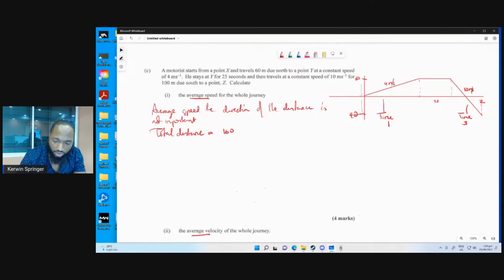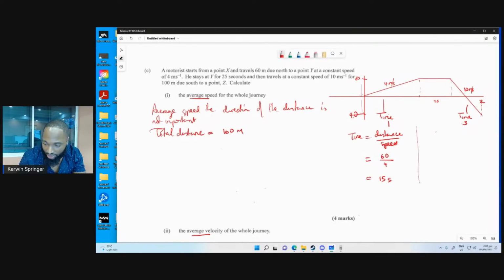For time 1, remember speed is distance over time, so time is the distance over the speed. Time 1 would be the distance 60 over 4, which is 15 seconds.